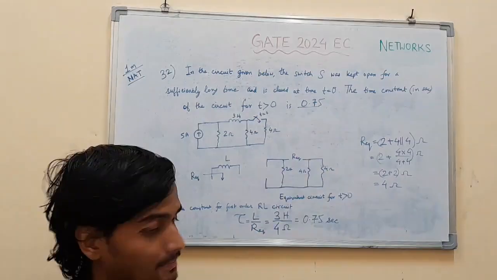Maximum power is to be transferred to the load RL. The network is given as something like this.